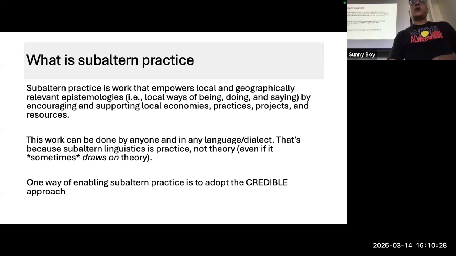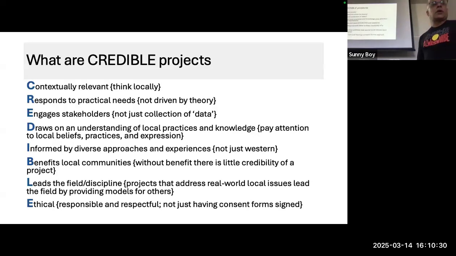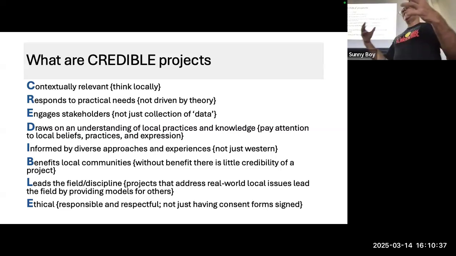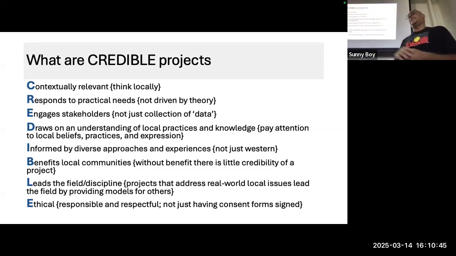And credible is an acronym, which stands for contextually relevant. So think locally. We recommend people do projects in the location, in the context where they are based, or where they have very strong collaborators, because collaboration is extremely important in this kind of work.